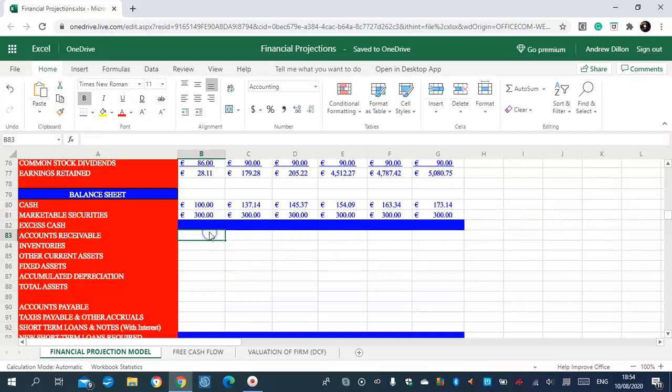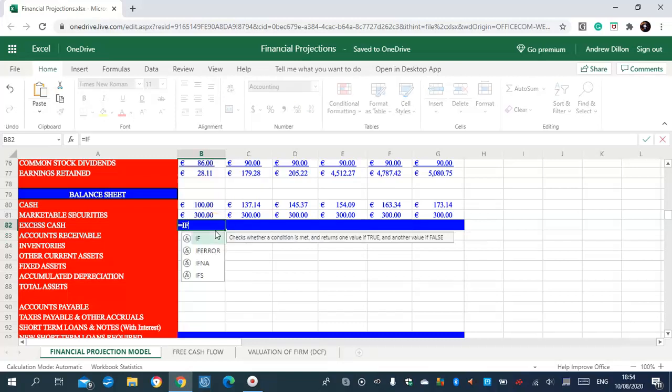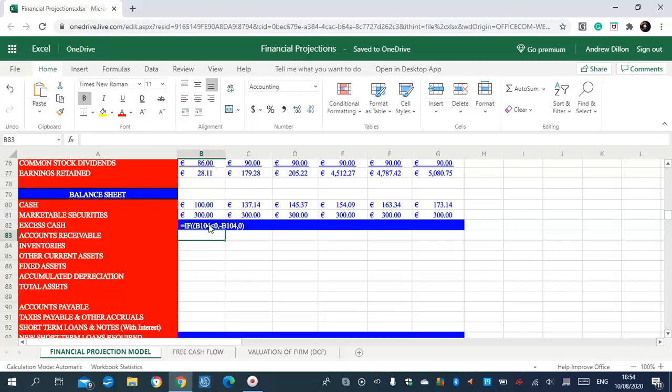Okay, now the excess cash, and this is where the if statement comes in. Right, that's it.